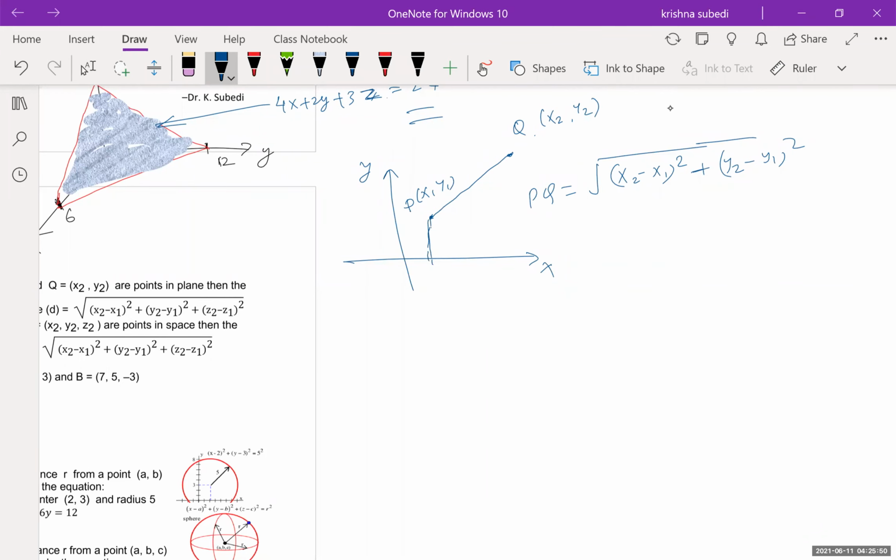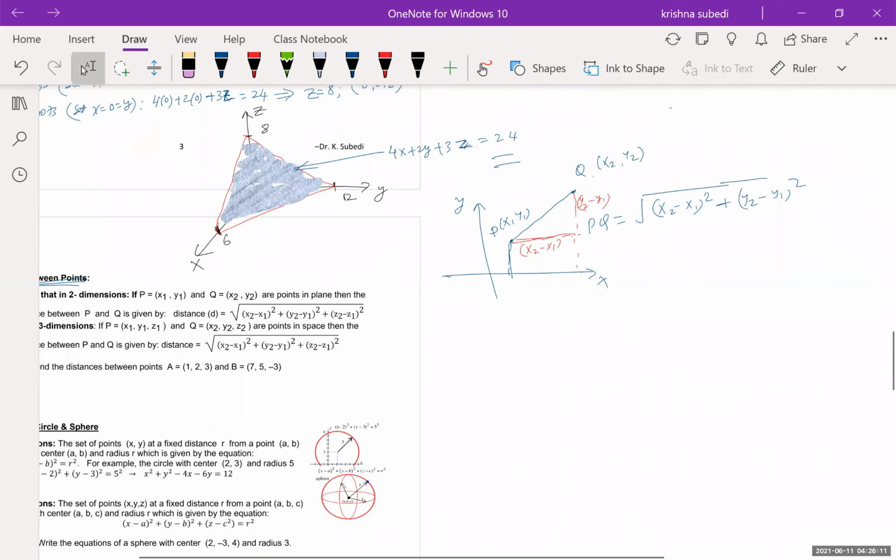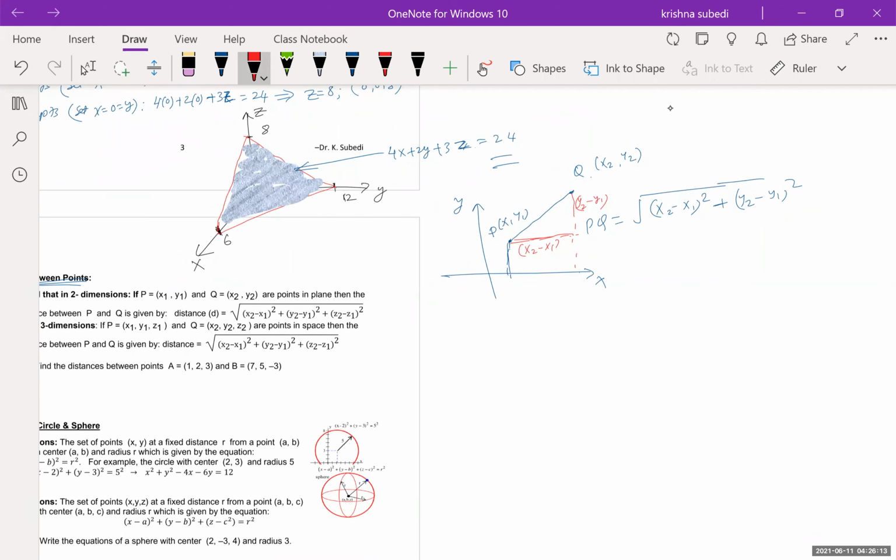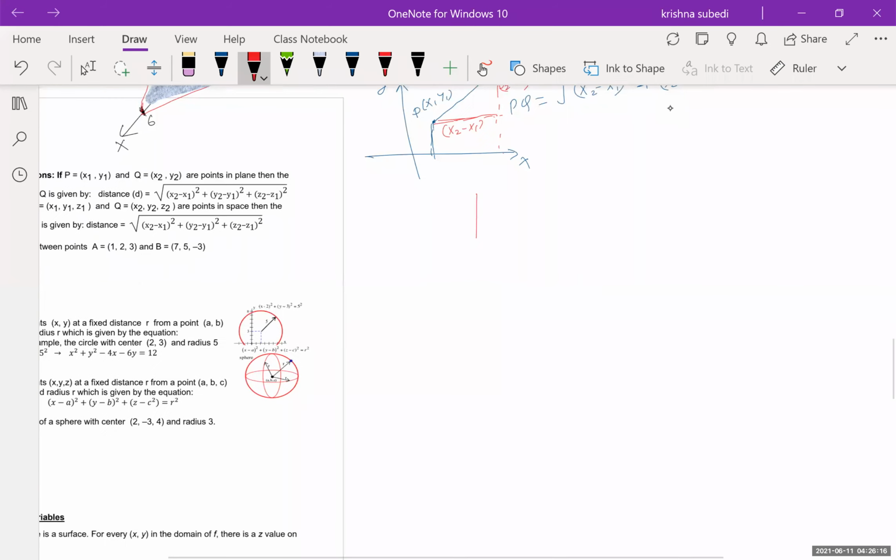Basically, how you do that is that you make a right angle triangle, and this side is x2 minus x1, and this one is y2 minus y1. So using the Pythagoras theorem, that's what you're going to get. It's for 2 dimensions. Now for 3 dimensions, suppose you are given 2 points in 3D, x, y, and z. For example, you have P there and you have Q there.